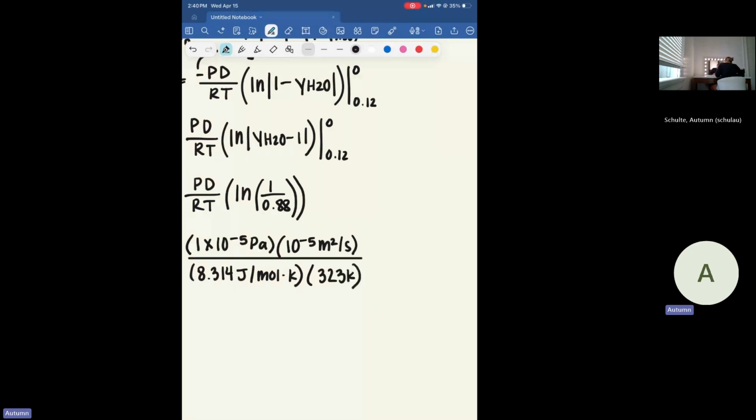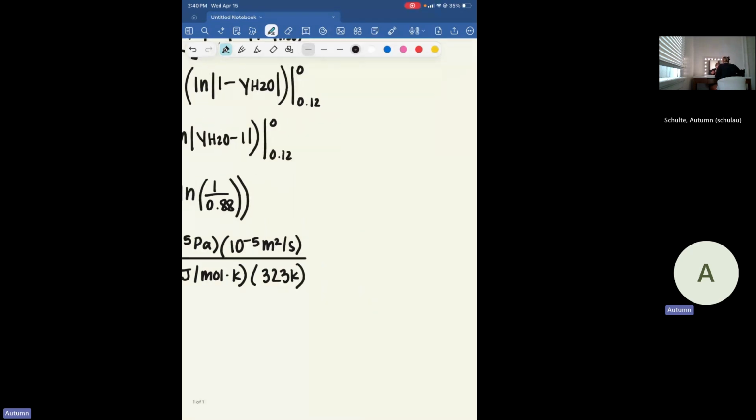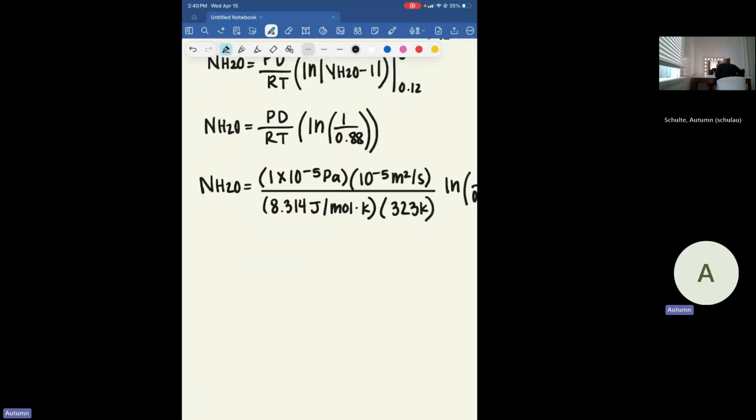Now, if you'll recall, because these units are a little bit iffy, like Pascal and Joule, if you put those into SI units, Pascal is equal to kilogram per meter second squared, and Joule is equal to kilogram meter squared per second squared.